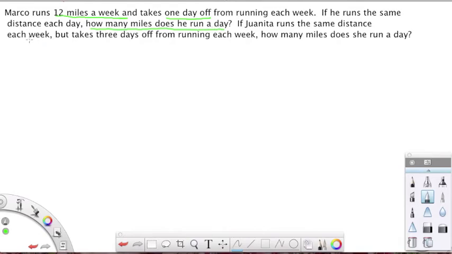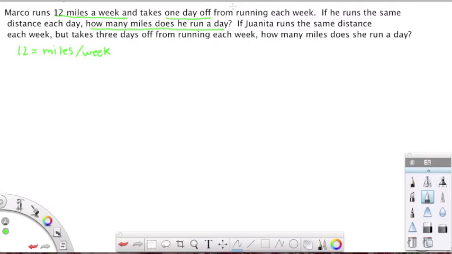Well, what do we know? We know that he runs 12. This is the miles per week. We know that. It also says that he takes 1 day off from running each week.